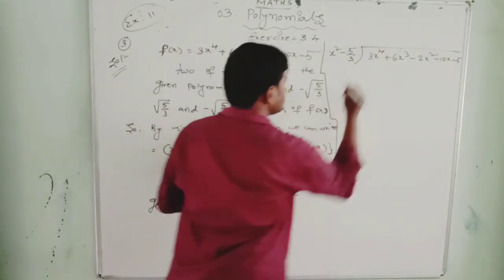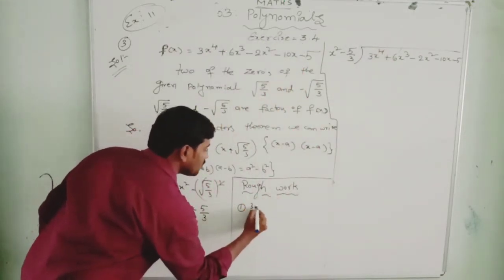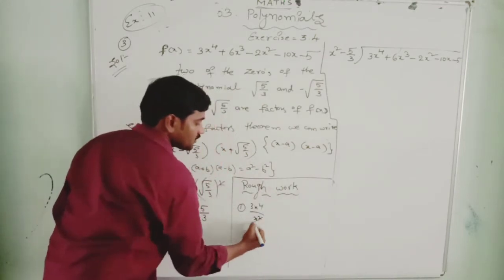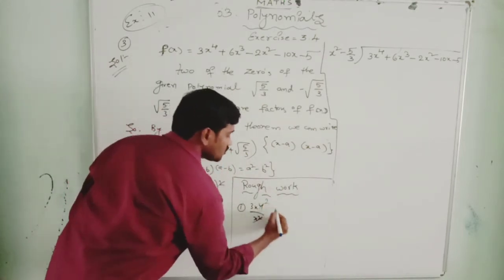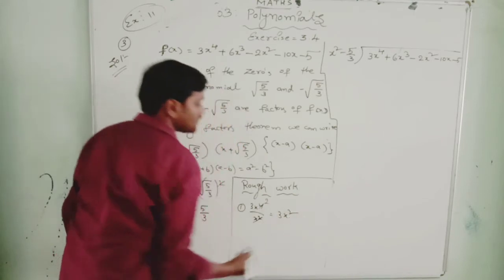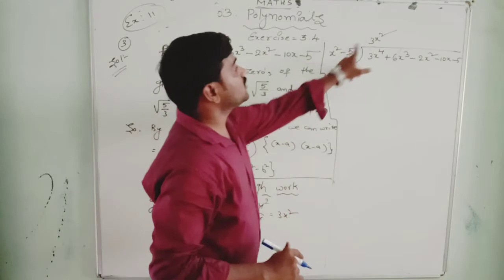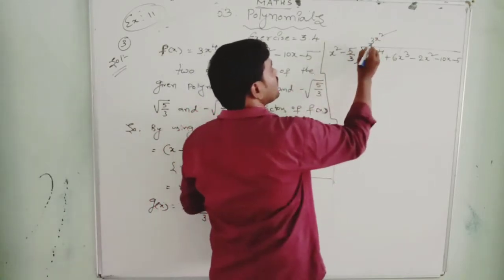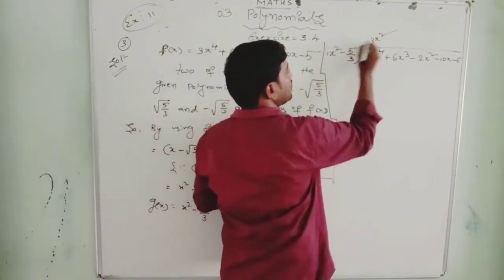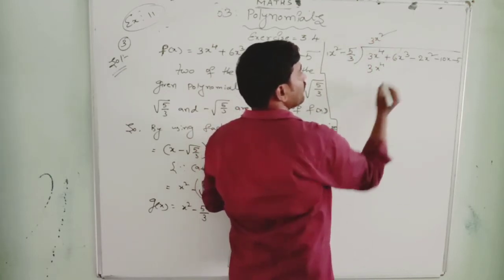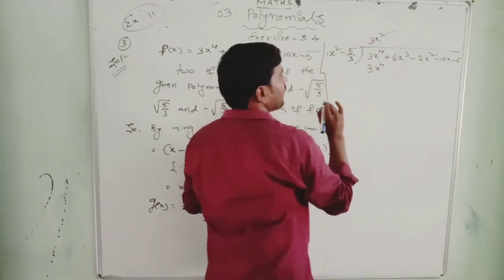So first, 3x to the power of 4 by the first term x square. x square into x square, x to the power of 4. In this, the 2 cancels. That means 3x square is there. So this 3x square we will write. Now this both will multiply. If you multiply 3 into 1 is 3, x square into x square, x to the power of 4. Minus. Now see what I will get.